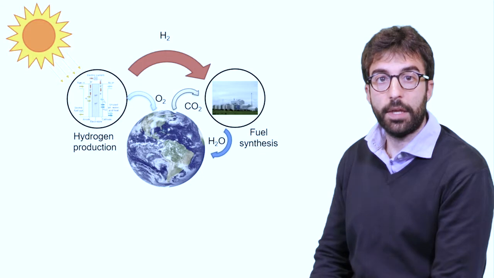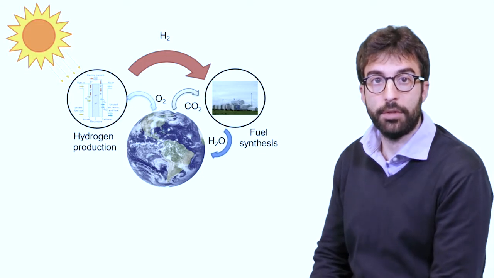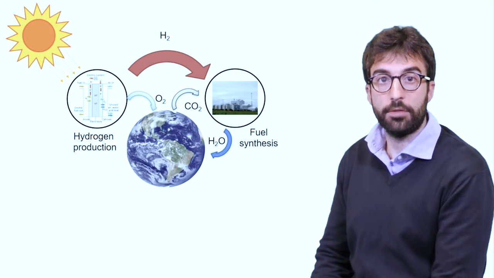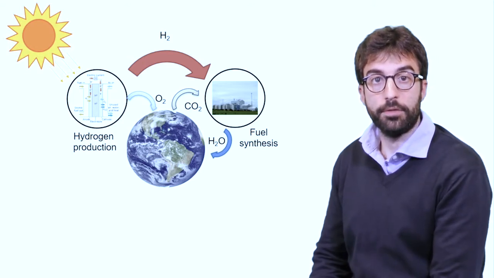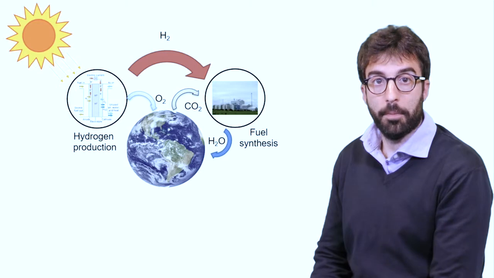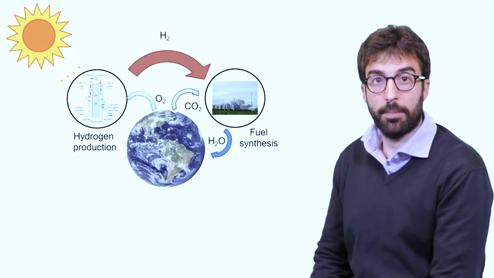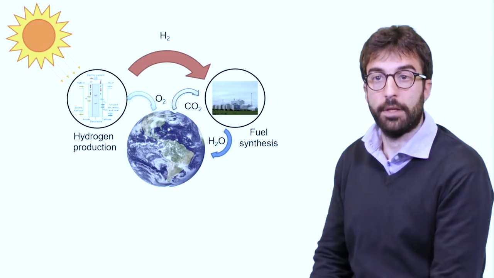In this case, we can have a mixture of hydrogen and carbon dioxide to produce a fuel similar to what is already the fuel used in energy systems: chemicals based on hydrogen and carbon like methane, or more complex chemicals like diesel or gasoline.